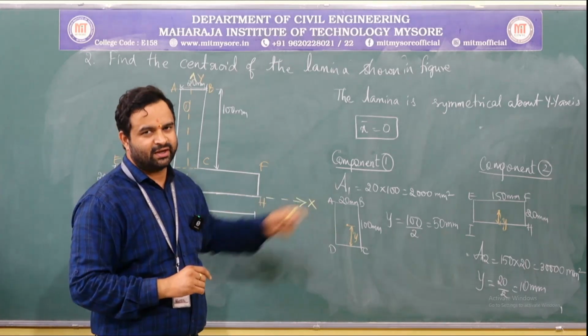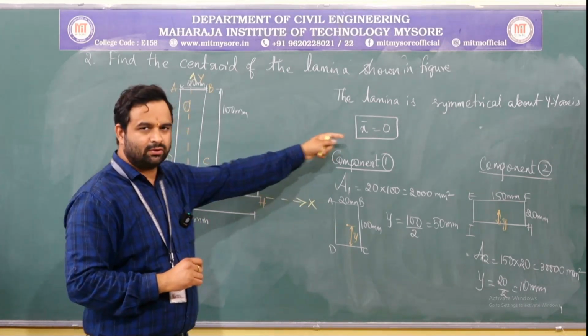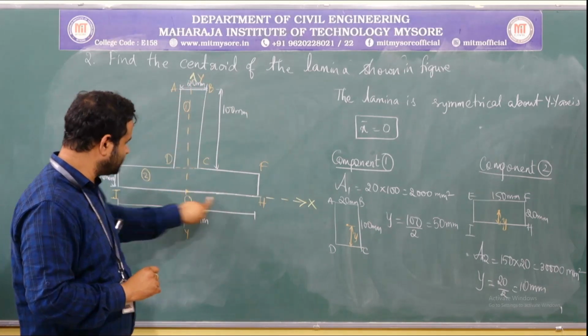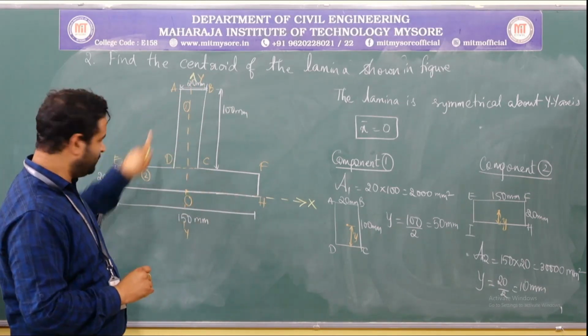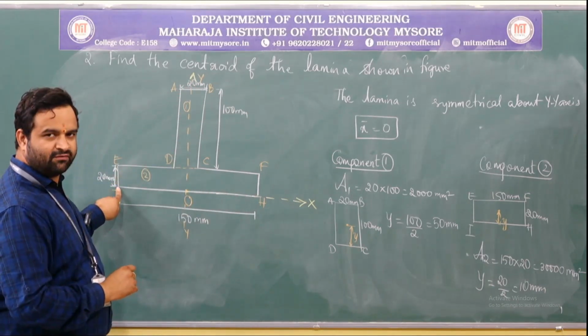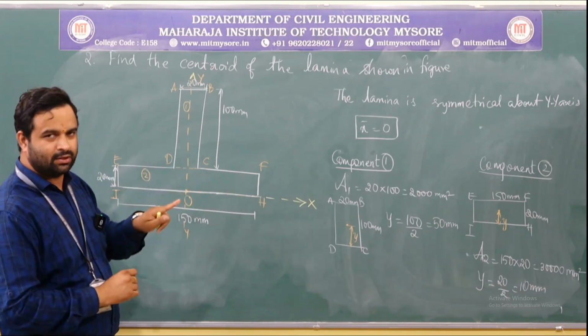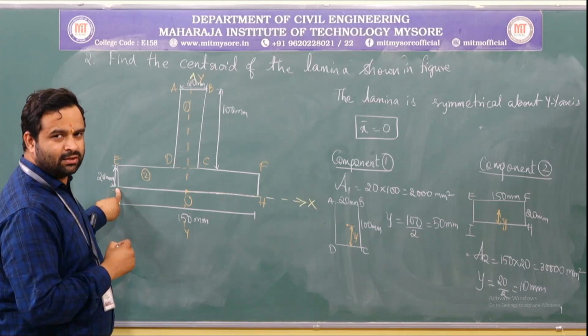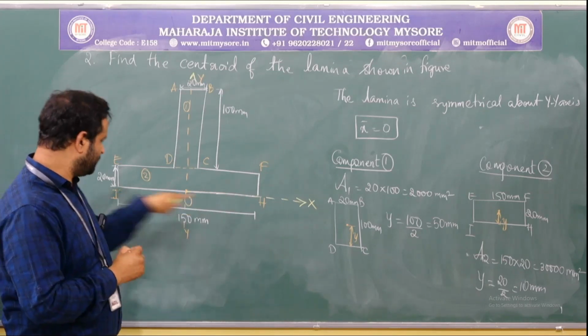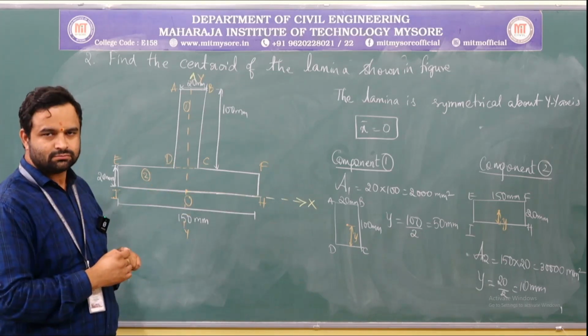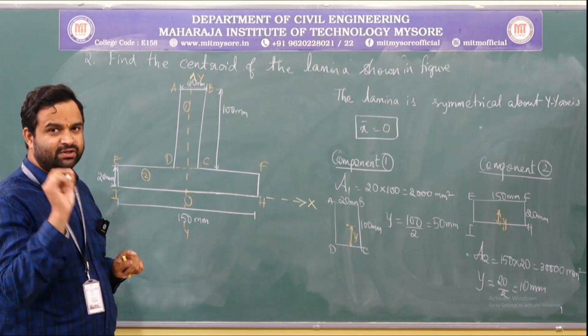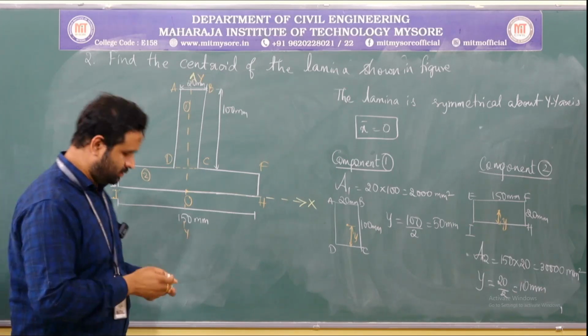Now let me write the table. We already know x bar is 0, and here this is the referral axis OX and OY, not the first point. This is taken as origin O, that is why x bar is 0. If this has origin, x bar will be equal to 150 divided by 2. Please be careful with the coordinates.